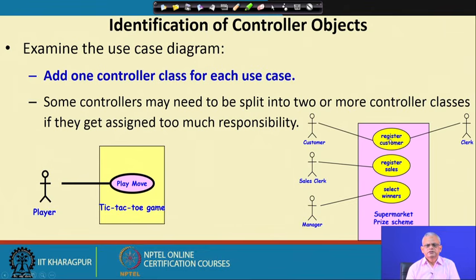To start with, we just have one controller class for each of the use cases. But as we proceed with the design, we might see that for some use cases the controller class becomes extremely large, with very sophisticated business logic, and then we need to split those controller classes into multiple simpler controller classes.